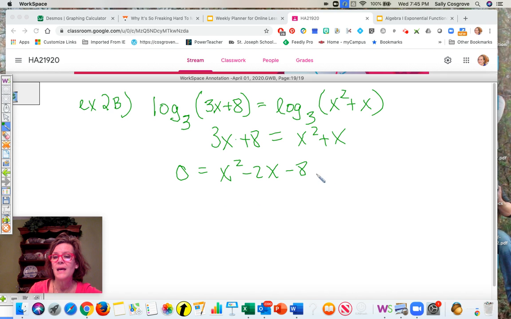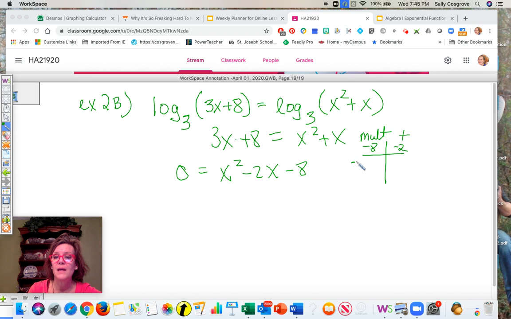And then, oh goody, this is a quadratic that's not hard to factor. We're looking for things that multiply to give -8 and add to give -2. I don't have to worry about this leading coefficient since it's just 1. It makes it much simpler.